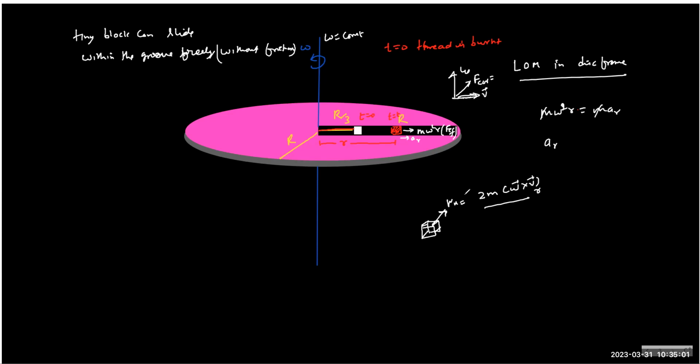That is fixed: if you are at distance r, your velocity in this direction is always omega r, no matter what. So we need not worry about this velocity. This part is clear.